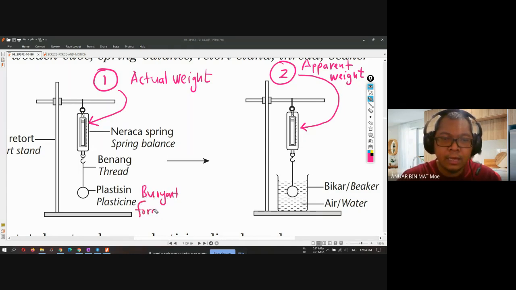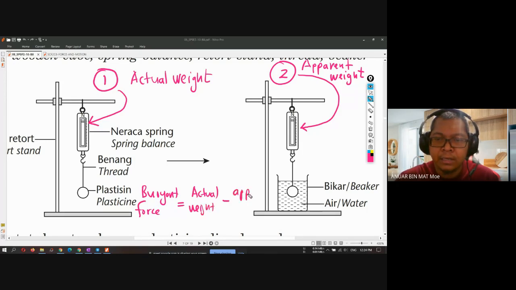The formula: you subtract the apparent weight from the actual weight. This is how you determine the buoyant force of a liquid by using this activity.